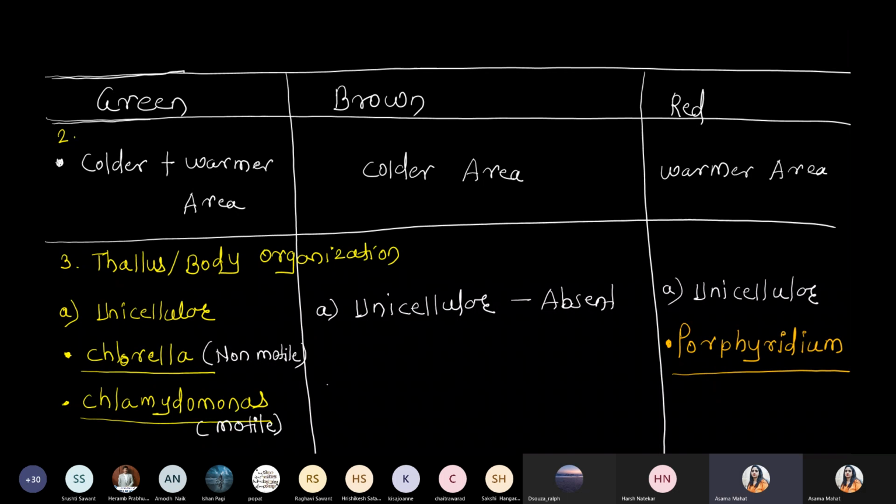Okay, so maximum questions come from green algae with respect to example. So brown algae ka toh koi example nahi hai, so no need to remember. But in case of this red algae, just remember only single example, Porphyridium. Got it? This point is clear, everyone? This point is clear with respect to unicellular body.